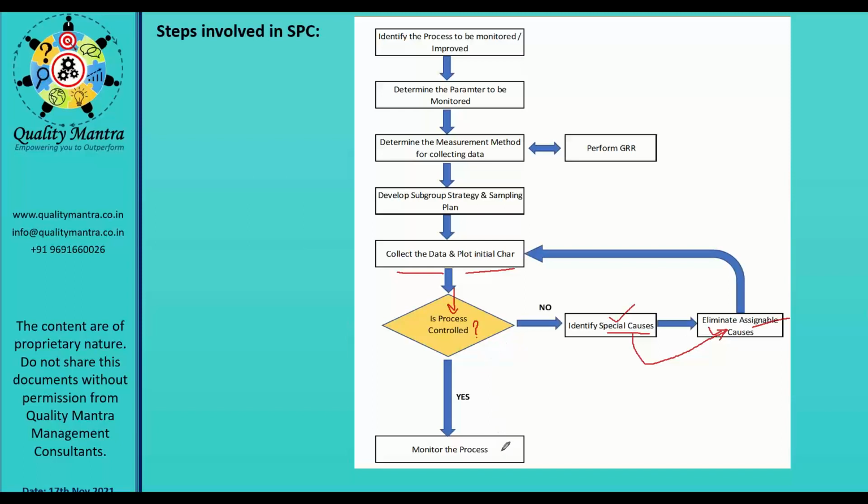If yes, now start monitoring the process, keep plotting the data on your graph paper, keep monitoring the trends, keep taking action, writing the event log wherever you are taking actions, and try to bring the process within control, keep it within control, try to make it more narrow. The dispersion should be as little as possible, so that your standard deviation is less and your capability is increased.